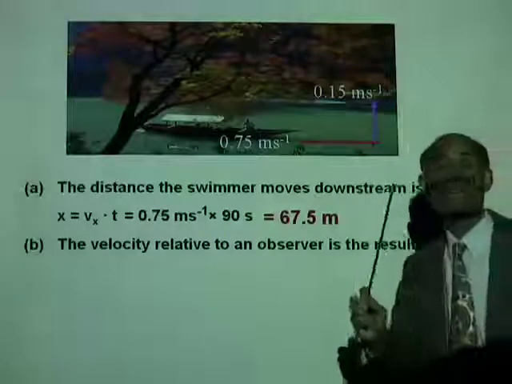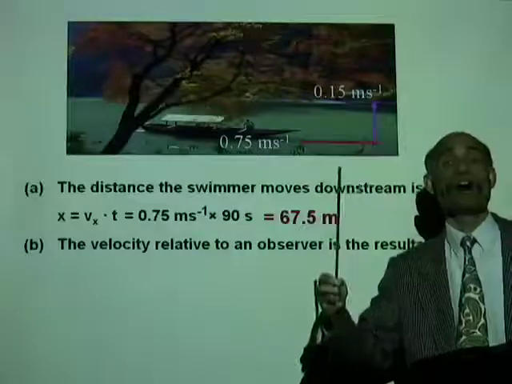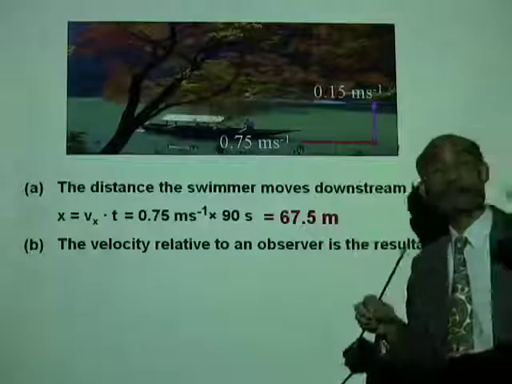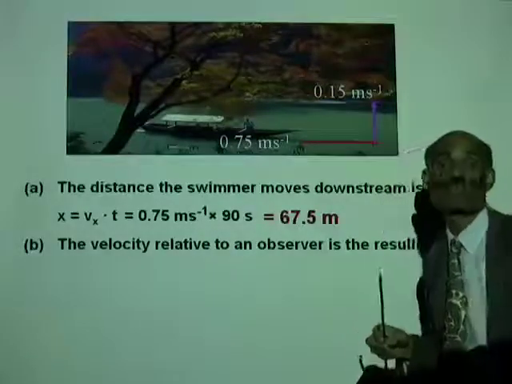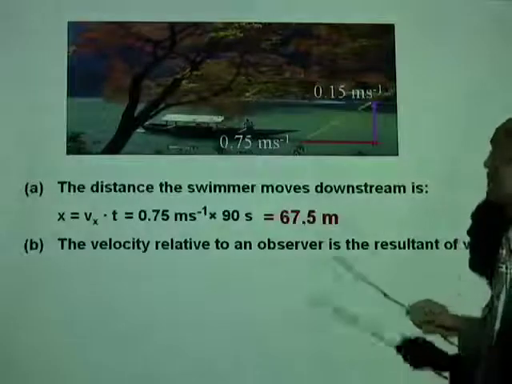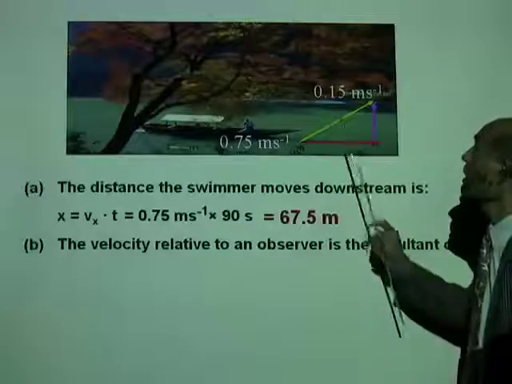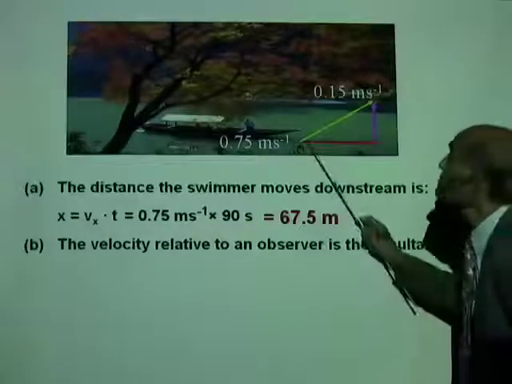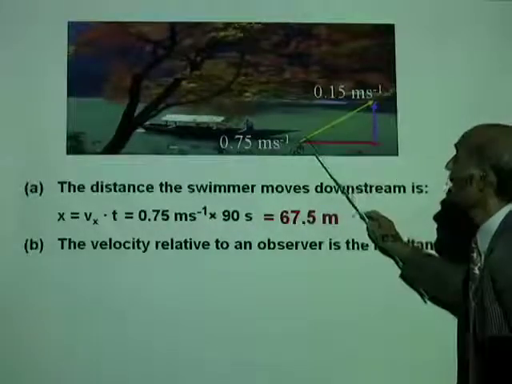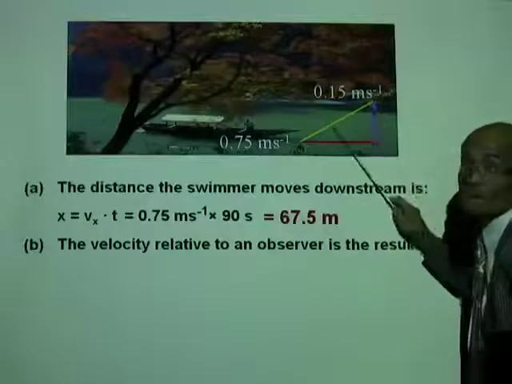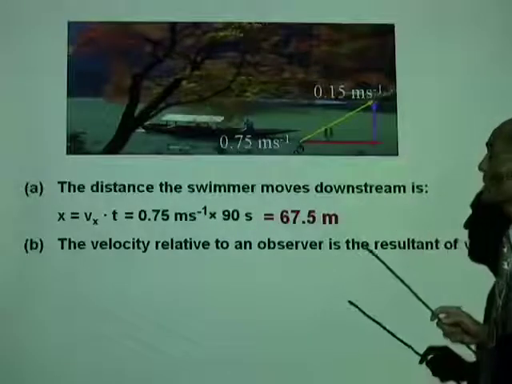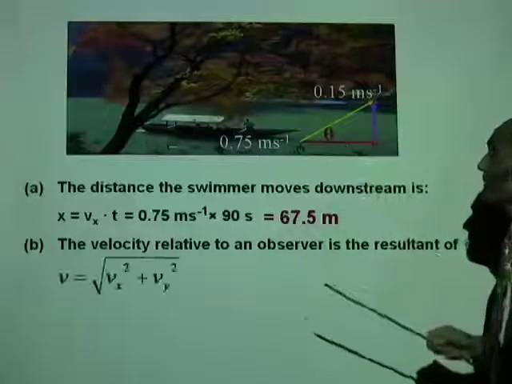And that is the relative velocity of the swimmer with respect to the man observing from the shore. Alright, so this is the relative velocity of the swimmer. We need to find the magnitude, that is the length of this vector, and the angle theta.